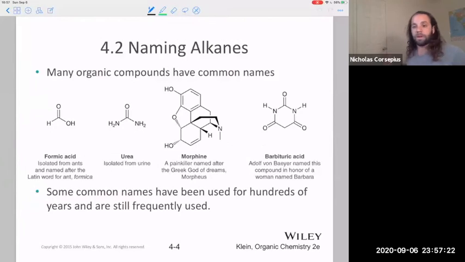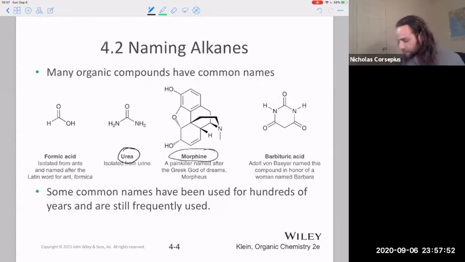So when we're talking about naming alkanes, first of all, some chemicals have existed for such a long period of time that they have what's called a common name that just sticks around. So morphine, for example, that's the common name of a drug, a painkiller that I'm sure we've all heard of. That's what this big ugly molecule right here is called. It also would have a systematic name, which is what we're going to be learning about today, but it's just not widely used. It's been around for so long that people always refer to it by its common name.